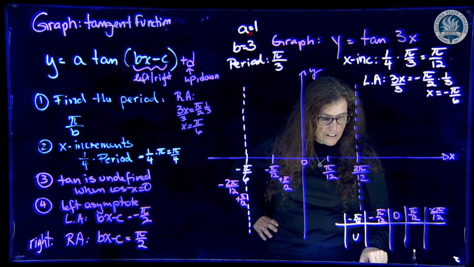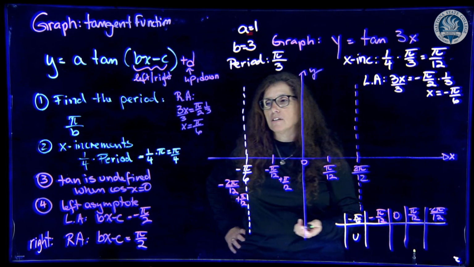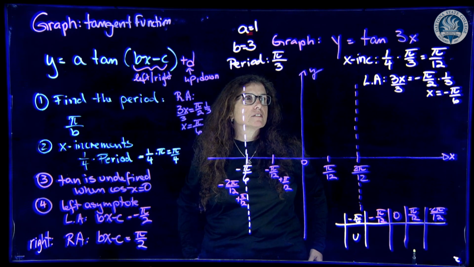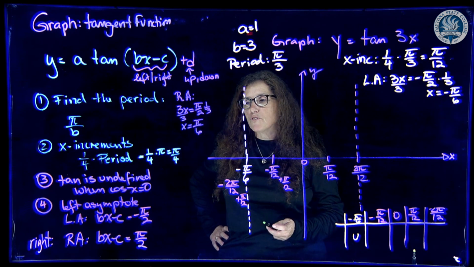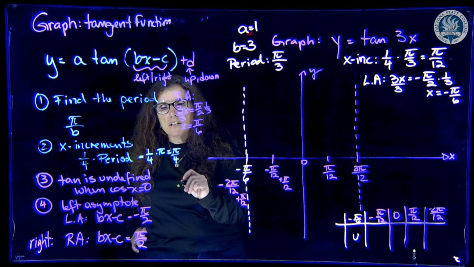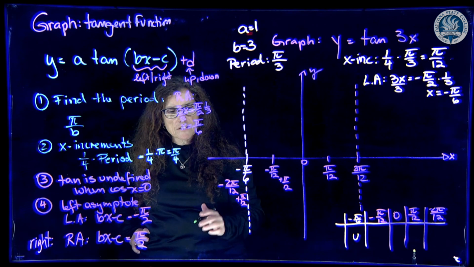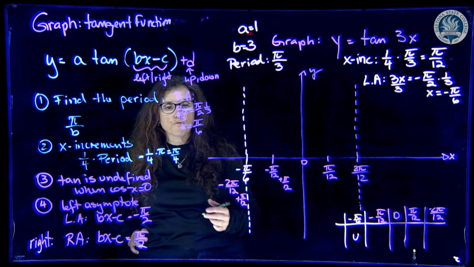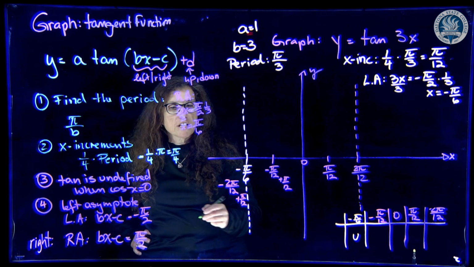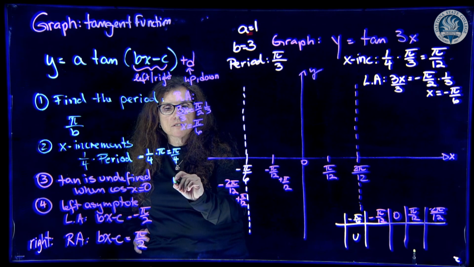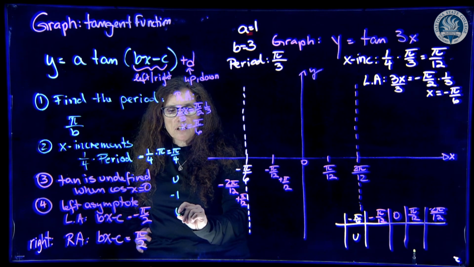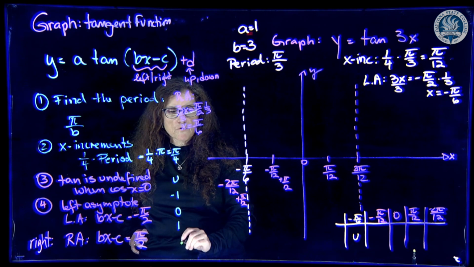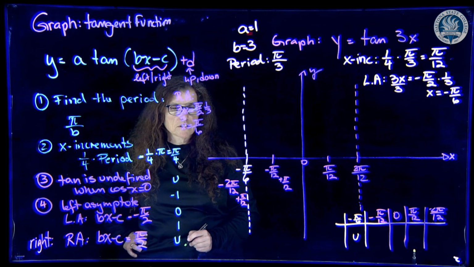Okay, now let's find the y values. The way I did this with the sine and cosine function, I usually write to the side somewhere my y values for the basic tangent function. The basic tangent function starts off with an undefined, then we have negative 1, then we have 0, then we go to positive 1, and then we have an undefined again.